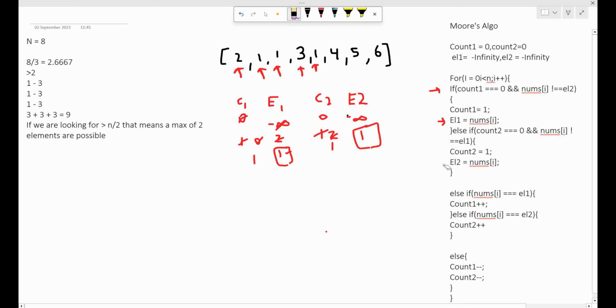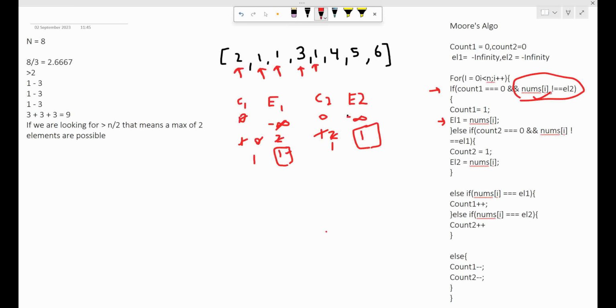Okay, so this is the algorithm for the majority element if I have to find for n by 3. So we just use the Moore's algorithm and make an extended version of it. Just remember this extra condition we also have to add, because we want only one variable to track one element, right?